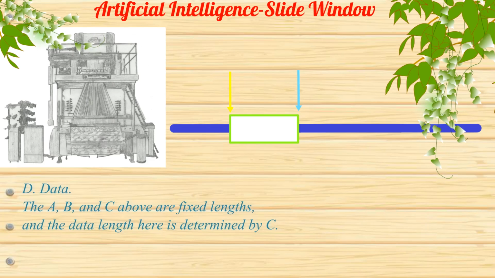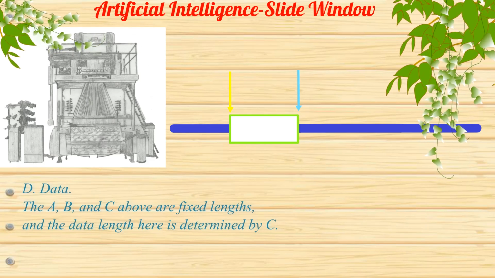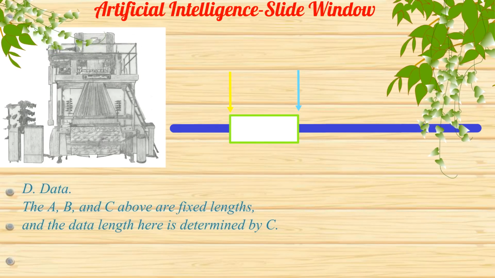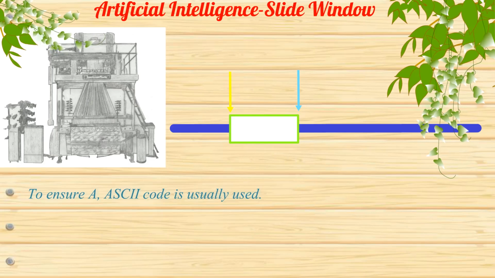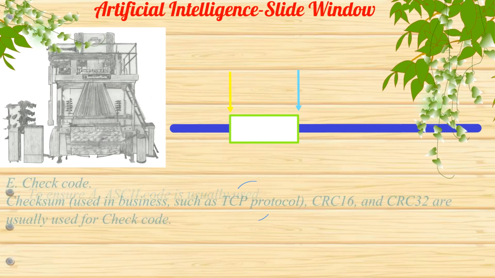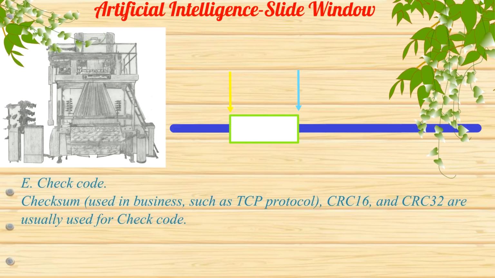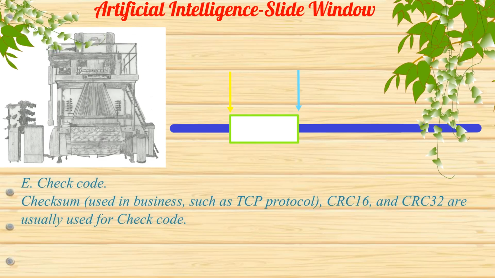D. Data. The A, B, and C above are fixed lengths, and the data length here is determined by C. To ensure this, ASCII code is usually used. E. Check code. Checksum, used in business, such as TCP protocol.